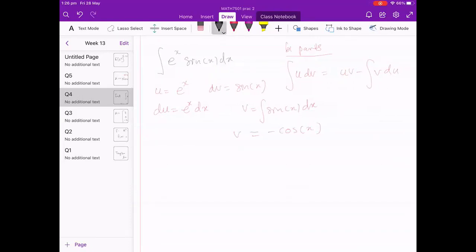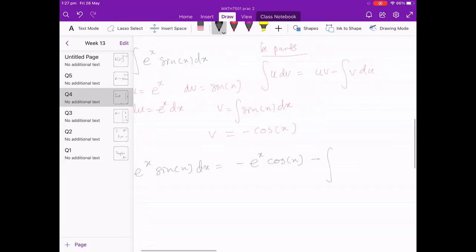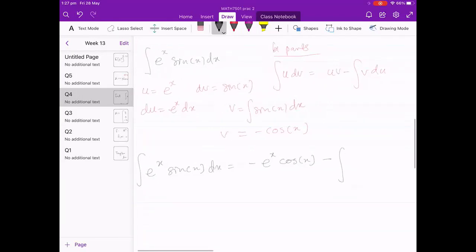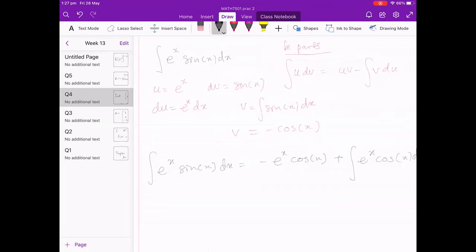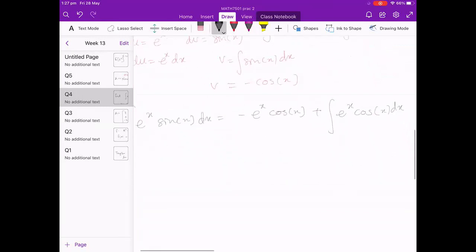So that means the integral of x sin x dx is equal to u times v minus integral of v du, which is minus x cos x minus, okay.